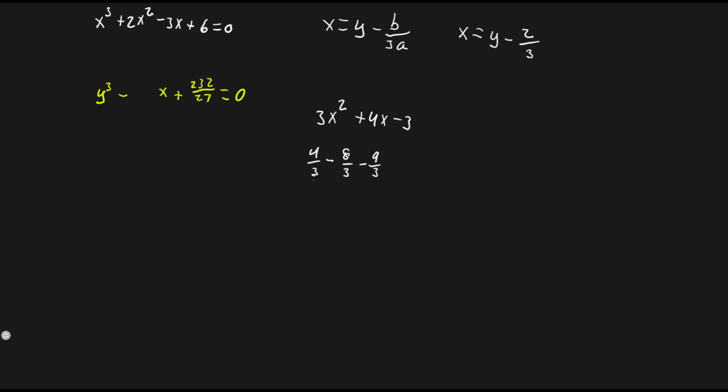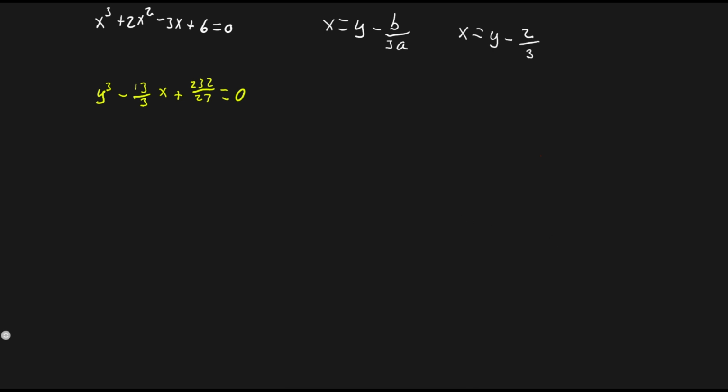Now I can go ahead and group everything, where we will get negative 4 minus 9 over 3, which is equal to negative 13 over 3. So that is our depressed cubic.